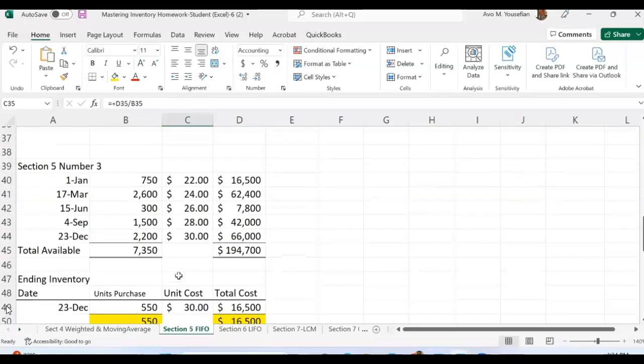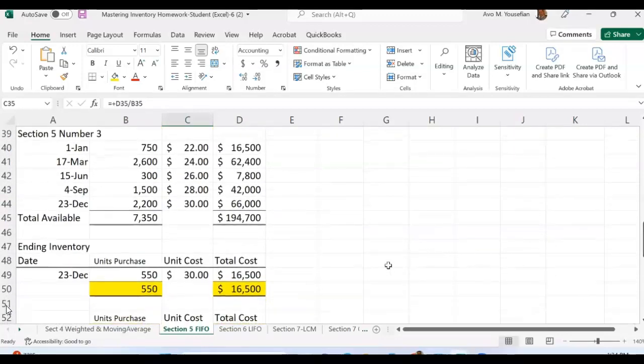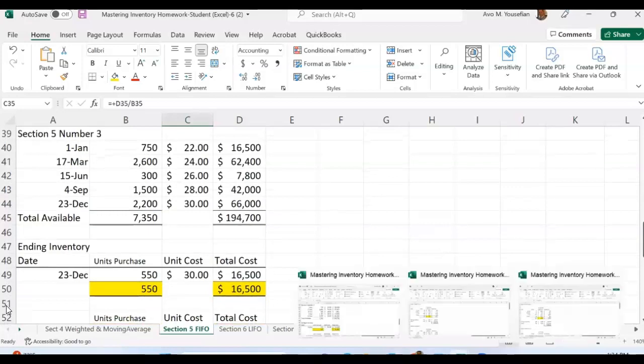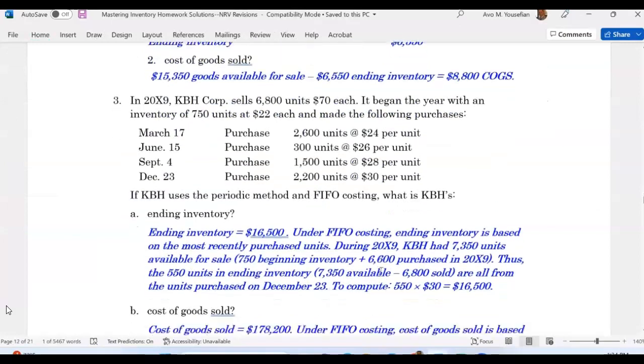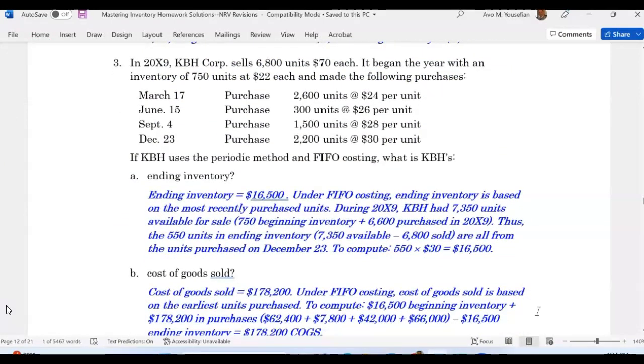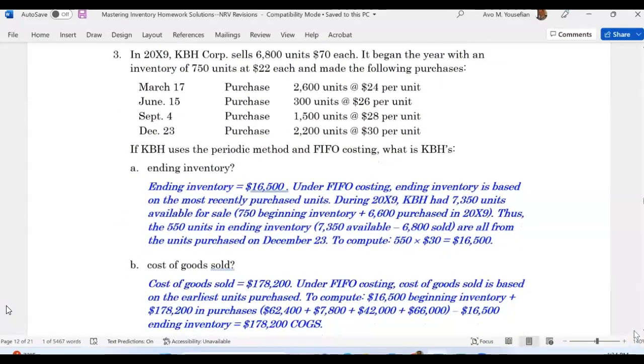Let's go to section 5, number 3. Okay, so section 5, number 3 says, in 2019, the company sells 6,800 units, $70 each.